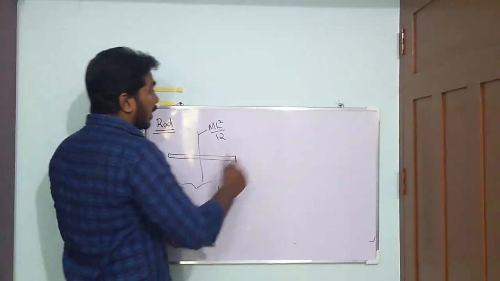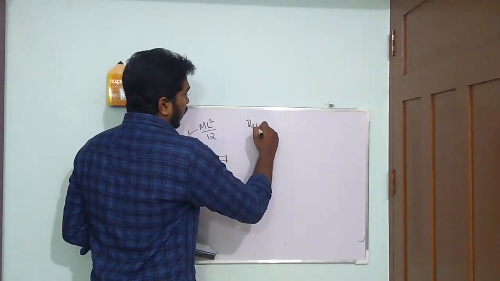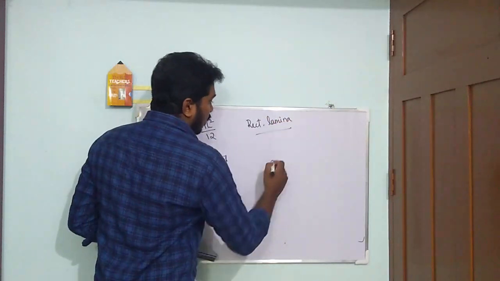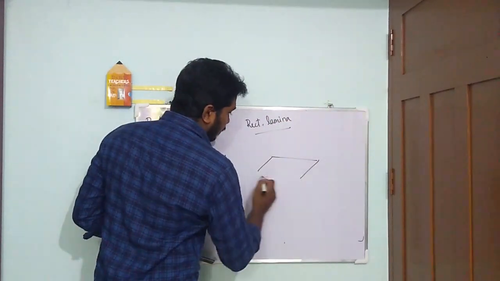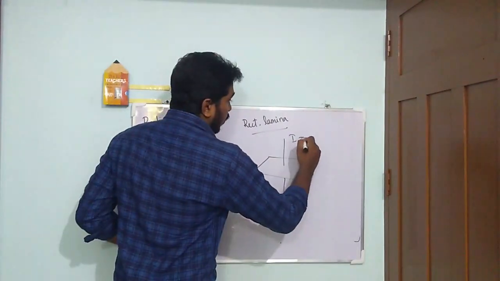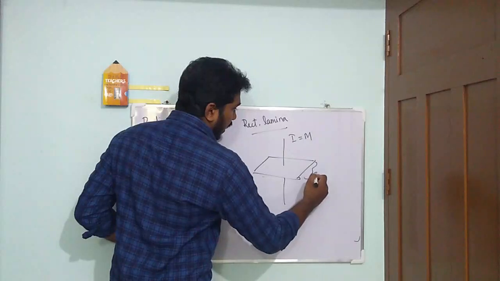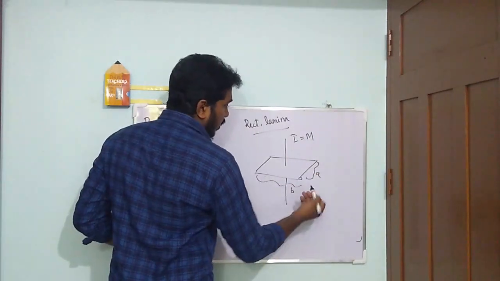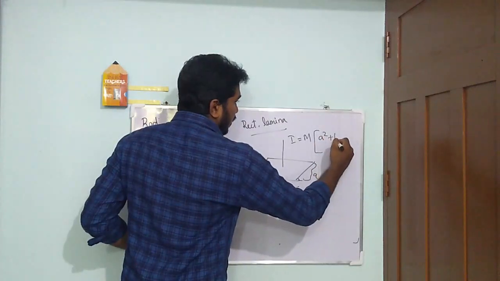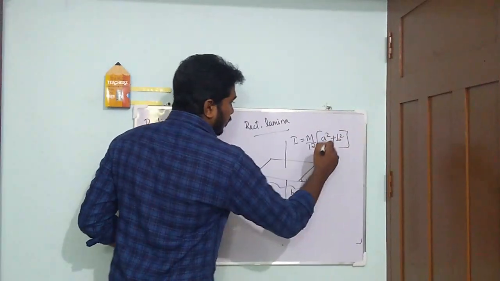And again for a square lamina or a rectangular lamina, I write first. Rectangular lamina, the moment of inertia about its center is given by I is equal to m into (A² plus B²) by 12, where the side is A and the length is B.